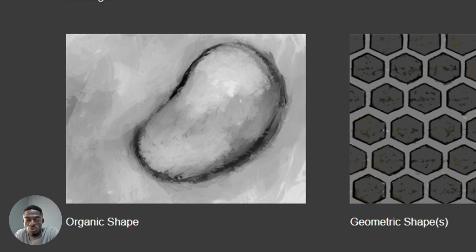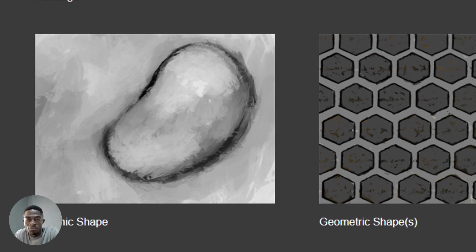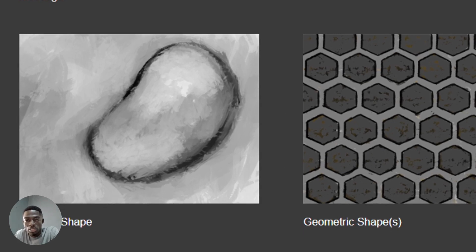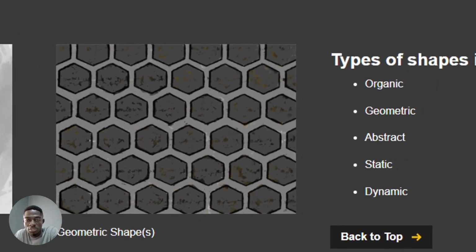You can get to just one single straight line. However, if you are drawing it with your hand, you may have some irregular portions at the end whilst creating the shape. Okay, so an organic shape is a shape that we would see and say, okay, this is organic, this is hand drawn.